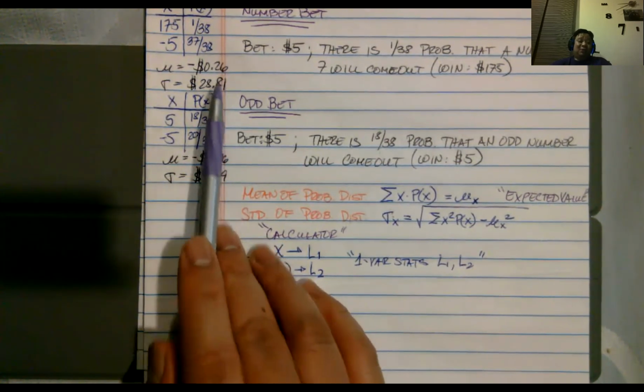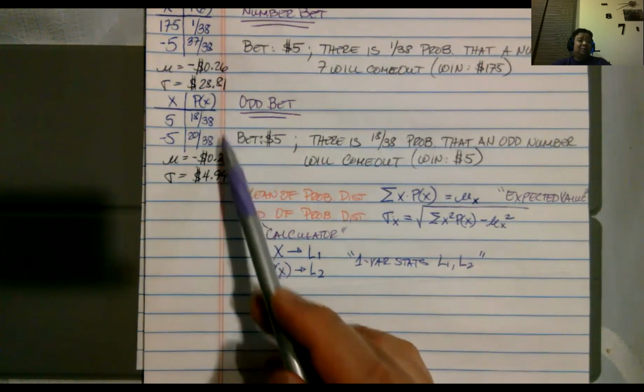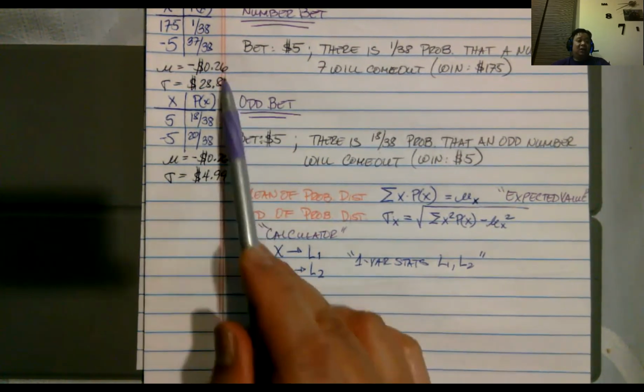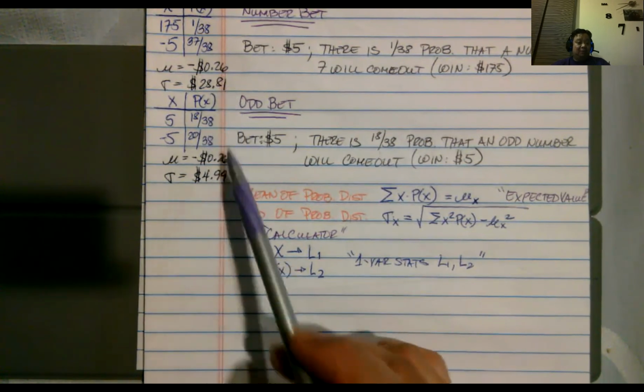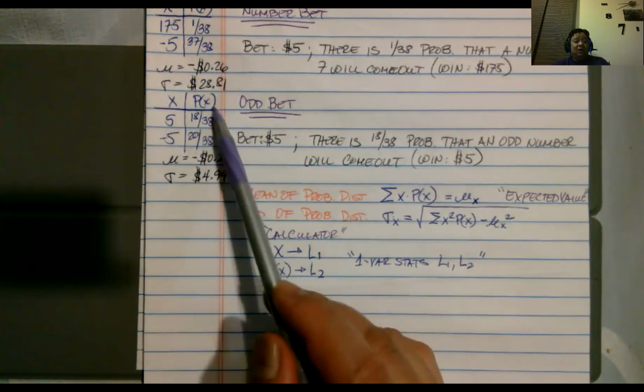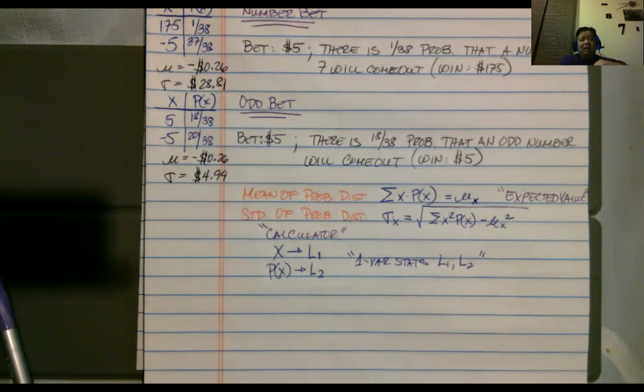So now, which one is the better one? Well, you cannot use your mean on this one, because in the long run you are going to lose the same amount. Now, you have to use your standard deviation to help you out on this one. Again, there's less variation on the second bet than on the first one. The first one has a bigger range of values.